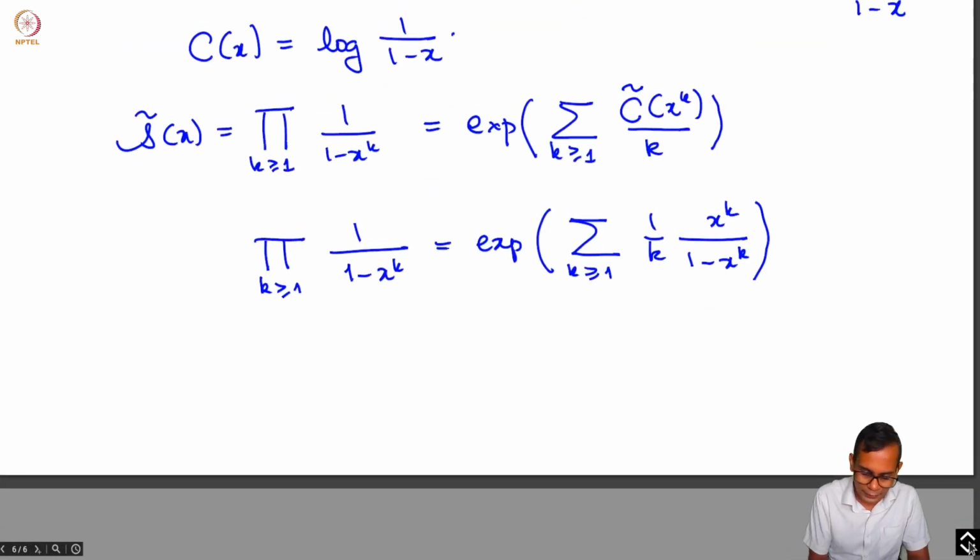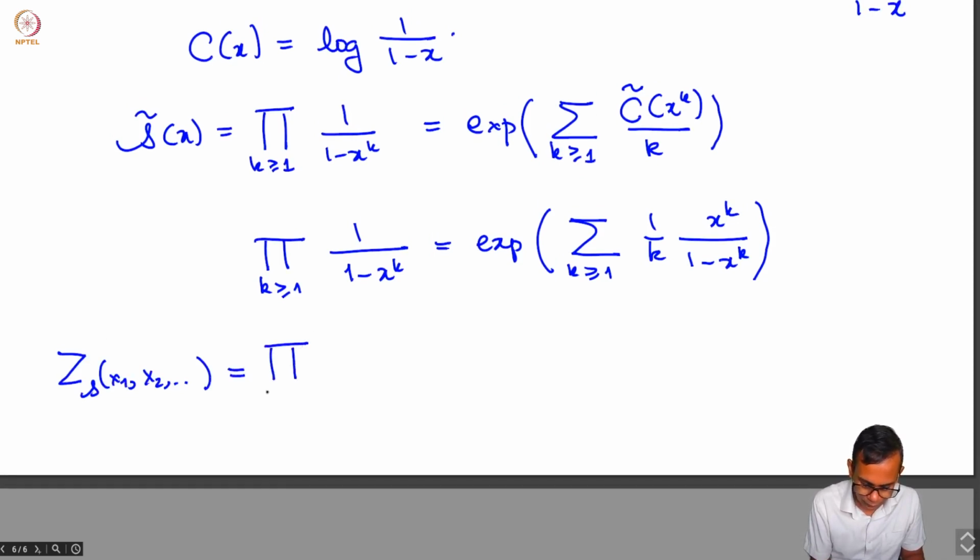And for cycle index generating series, well, we know that the cycle index generating series for S is the product, let's say, k greater than or equal to 1 of 1 over 1 minus x_k.